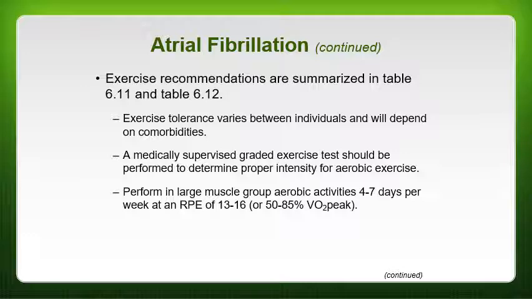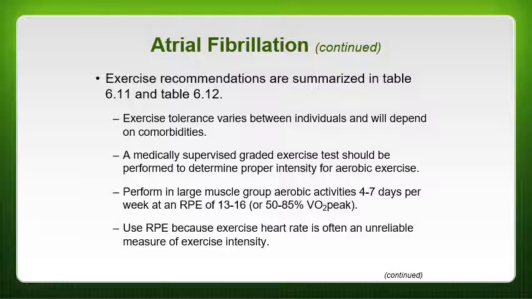Plus, it's just easier. You don't need any fancy equipment to do it. And in this case, heart rate might not be reliable for these individuals, particularly if they're taking a medication that impacts their heart rate. So that's something to be mindful of when you're determining your exercise intensities.